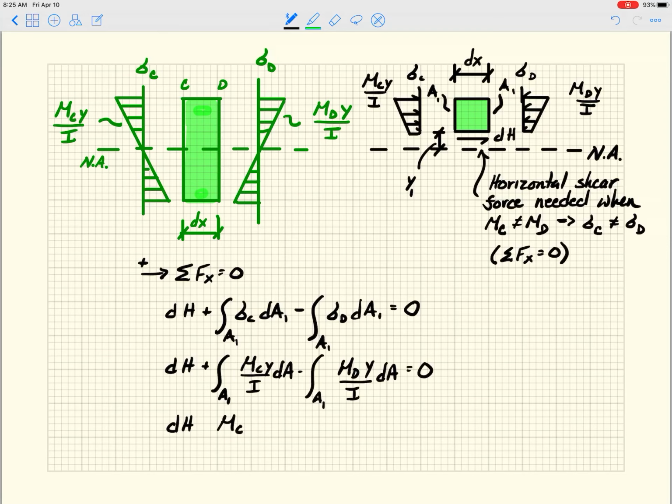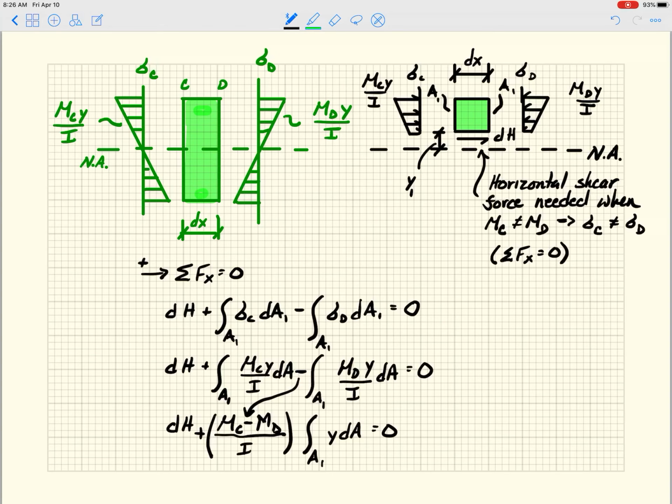I can pull out MC minus MD over I, and that minus comes from that minus there. If I pull that out, what's inside, the integral, is the same for both cases. It's just y times dA, and that has to equal 0.